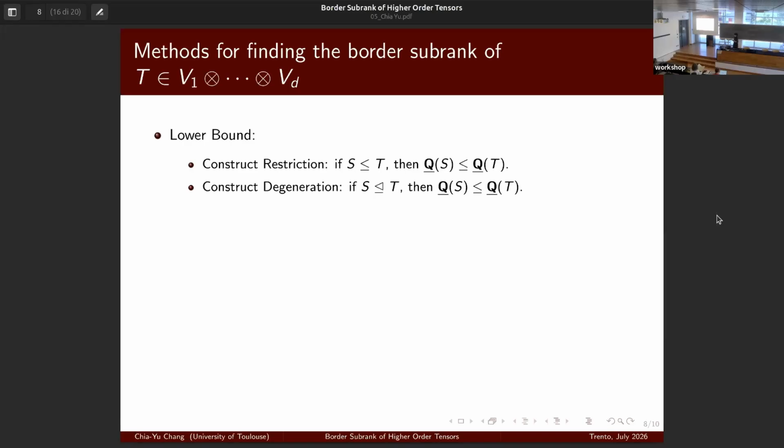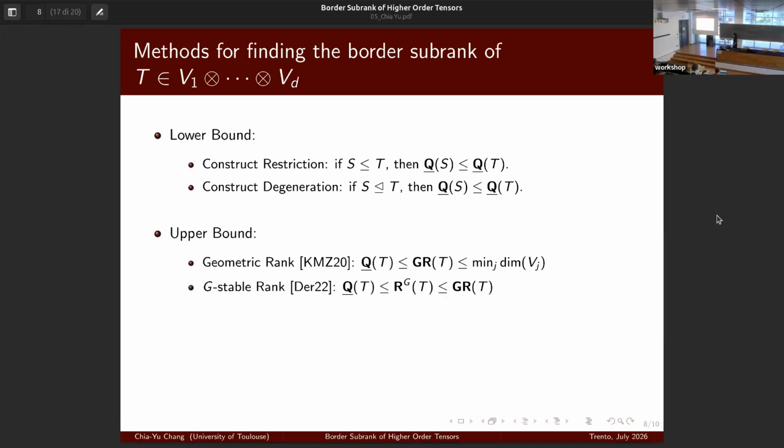And for upper bounds, first I want to talk about two ranks. First is geometric rank, which is often used to get an upper bound for border subrank, and its upper bound is the minimum of the dimensions of Vj.